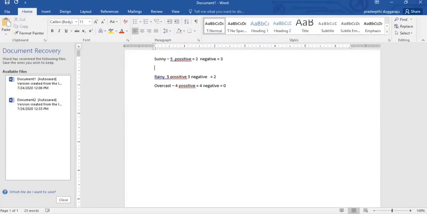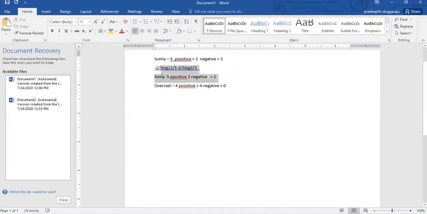Yes, that's good. So that means minus 2 divided by 5 log 2 of 2 divided by 5, minus 3 divided by 5 log 2 of 3 divided by 5.